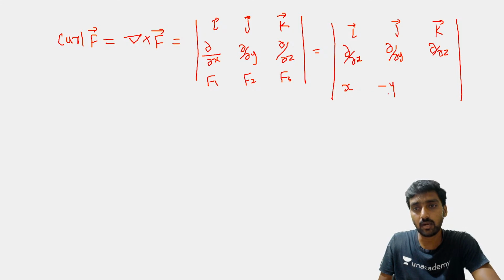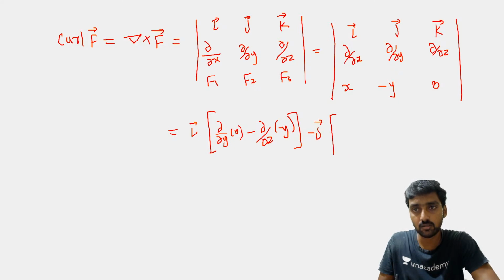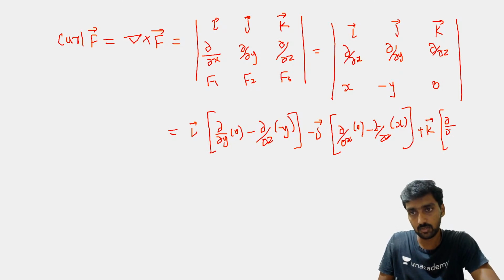x, minus y, 0. If you take the value: i vector into dou divided by dou y of 0 minus dou divided by dou z of minus y, minus j vector into dou divided by dou x of 0 minus dou divided by dou z of x, plus k vector into dou divided by dou x of minus y minus dou divided by dou y of x.